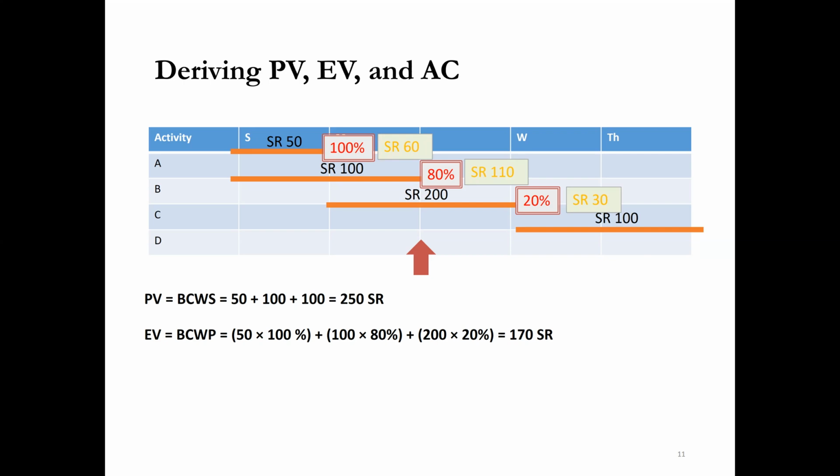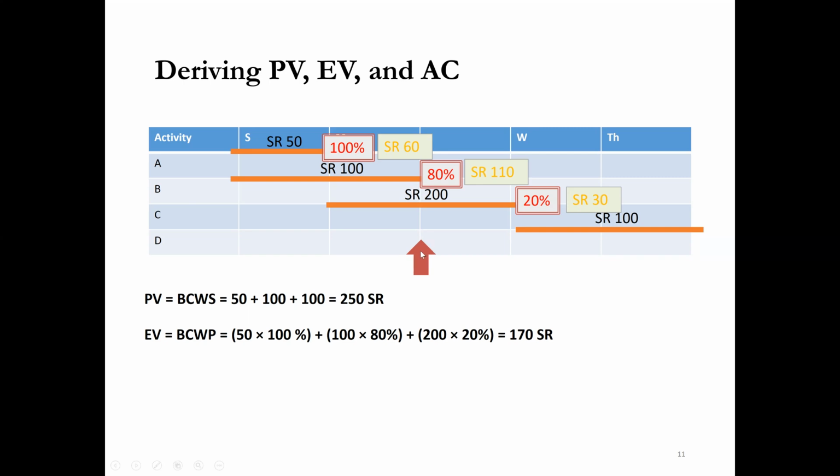Now to calculate actual cost, based on the market prices that we are going to build this project. For activity A, we have spent 60 Riyal. For activity B, until now we have spent 110 Riyal. For activity C, we have spent only 30 Riyal until now, after 2 days of work.